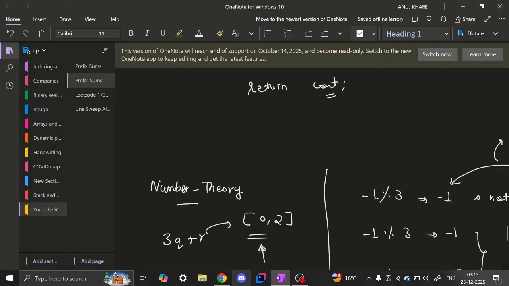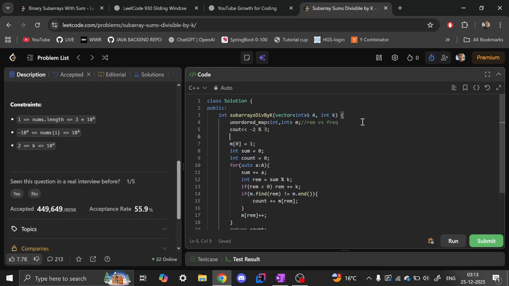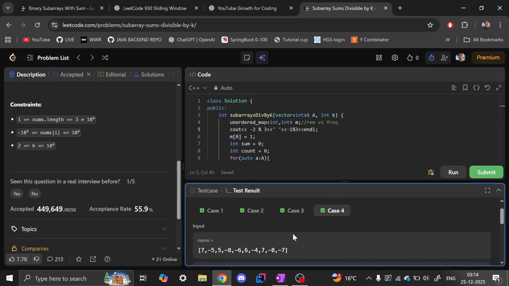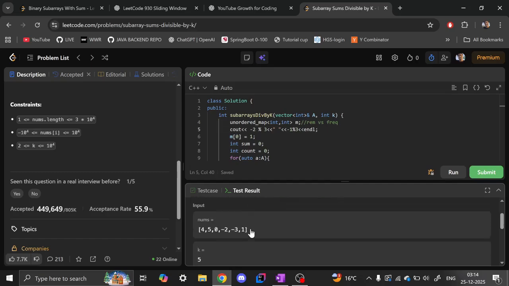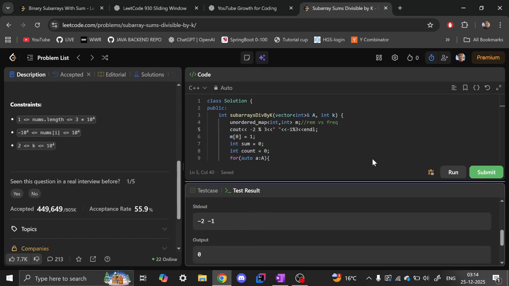Let's say -2 modulo 3 and -1 modulo 3. Let's have a look at our stdout. See, -2 modulo 3 is -2, and -1 modulo 3 is -1, and it's going to be -2 and -1 in all the solutions.